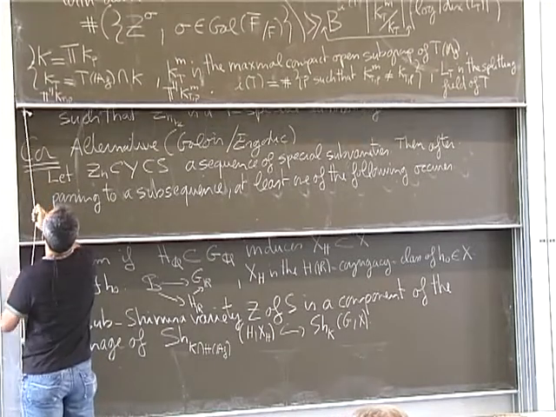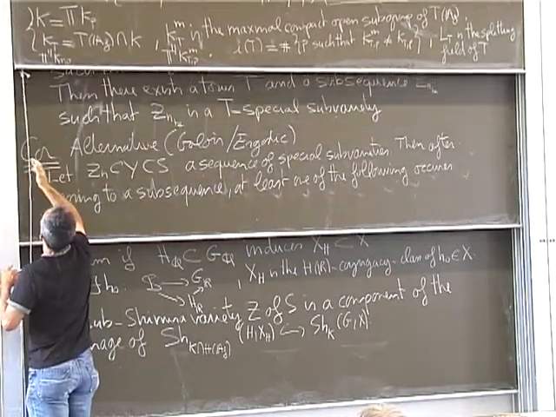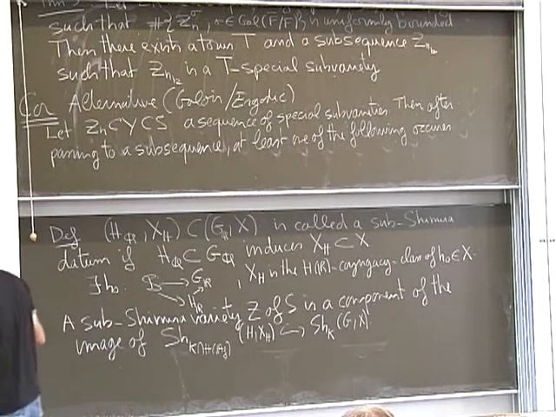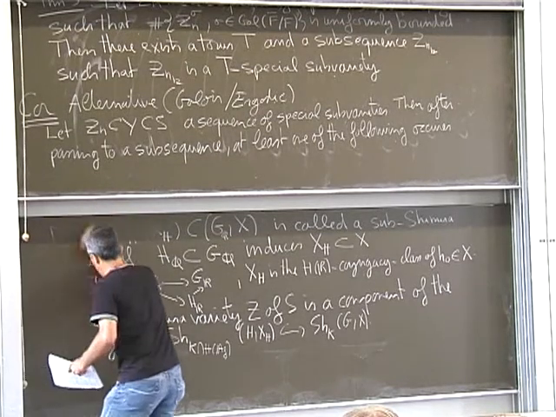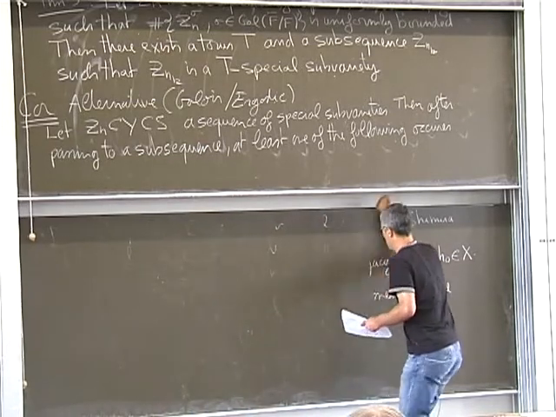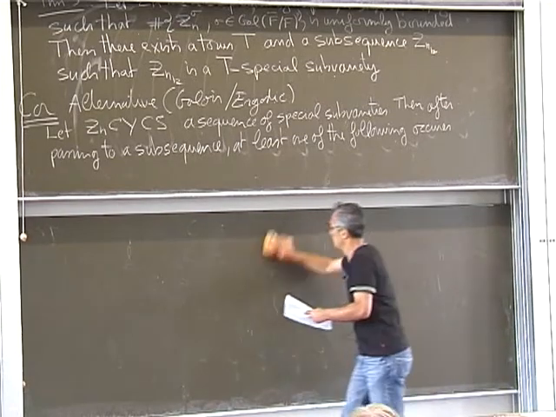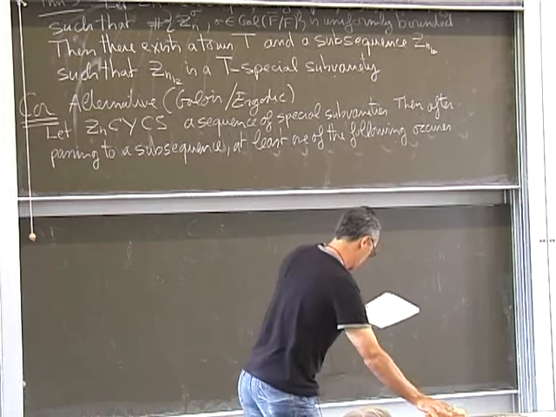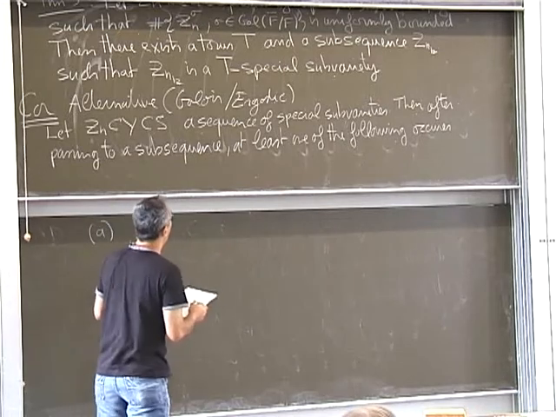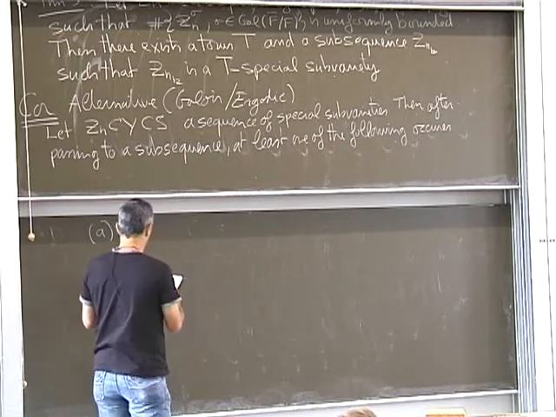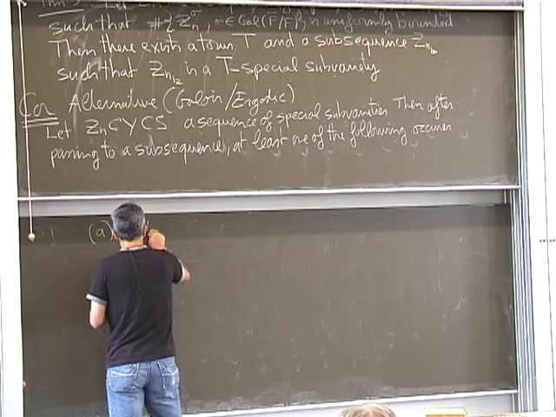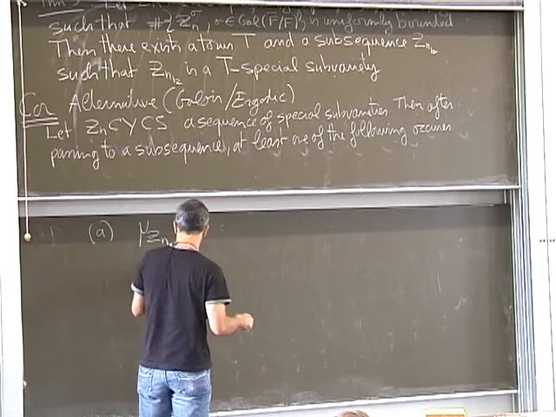Okay, so the first possibility is the case where the Galois orbits are uniformly bounded, and in this case we will know by combination of this theorem.